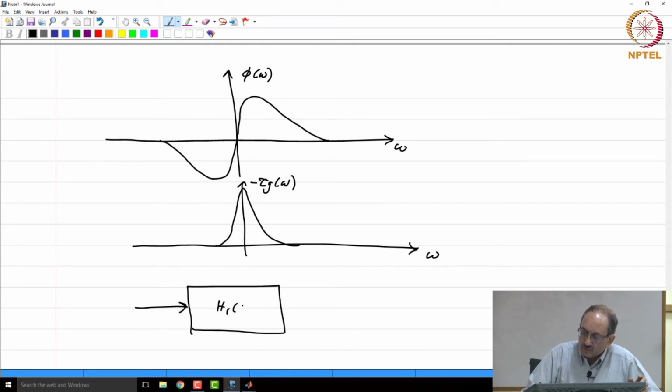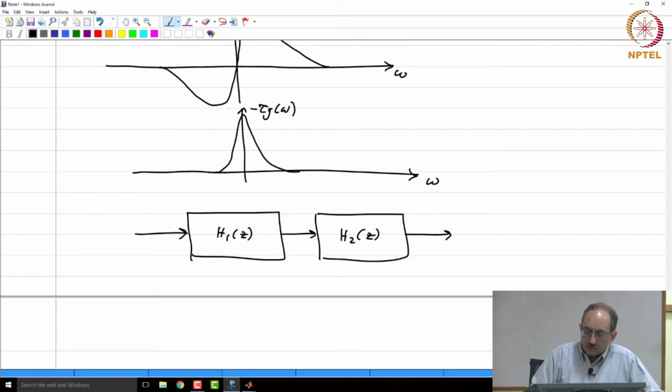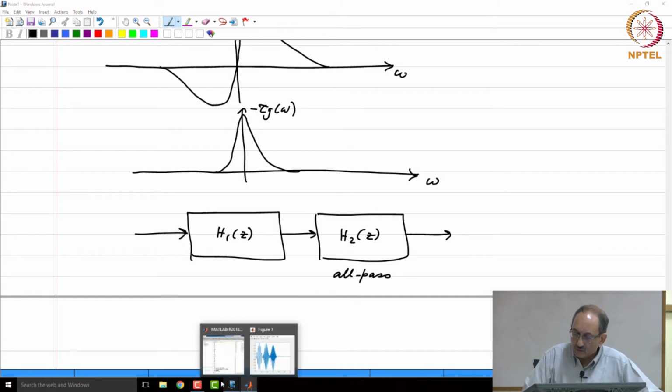So, this is H1 of Z. The second system is H2 of Z. H2 of Z happens to be all pass. So, it cannot change the overall magnitude response, and this has a certain frequency response based on its poles and zeros. Okay.